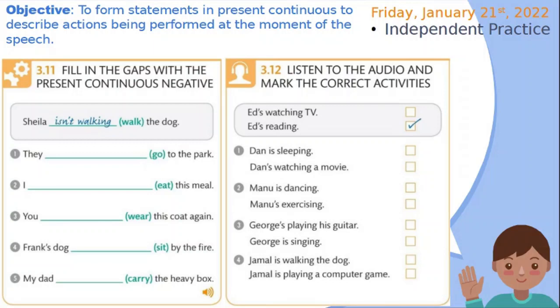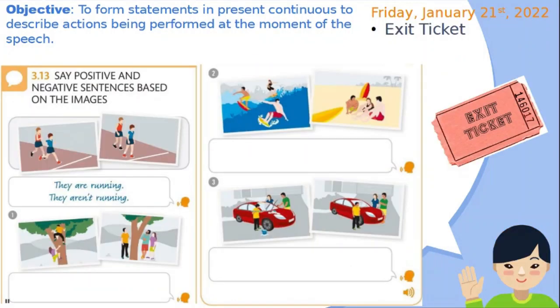La primera ya está hecha para ti, so it's reading. So you need to listen carefully to the conversation, because then in the conversation you are going to find the answers to what is doing every one of these people. Dan, Manu, George, and Jamal. Okay? Once you are ready with this, proceed to complete your exit ticket.